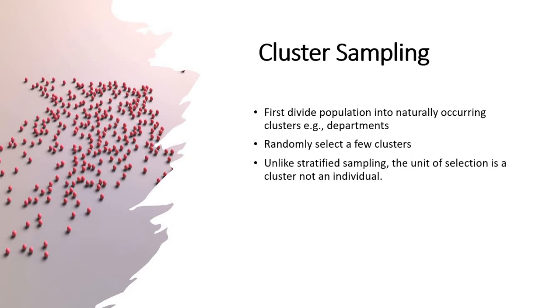In stratified random sampling, we select respondents or members for our sample from each strata. But in cluster sampling, we select the entire cluster. So cluster sampling is not same as stratified random sampling. In stratified random sampling, the sampling happens at individual level, but in cluster sampling, the selection happens at the level of the entire cluster.